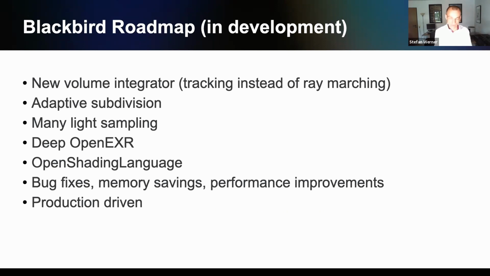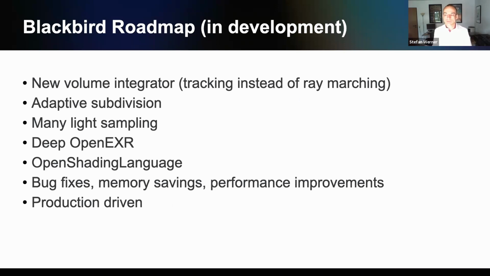Adaptive subdivision was already prepared inside Cycles, but it was not finished. It had performance issues and memory issues, but we saw it was good enough to finish it. And so we had somebody working on that.